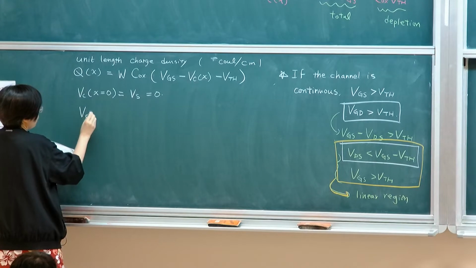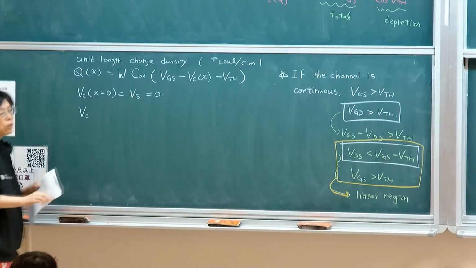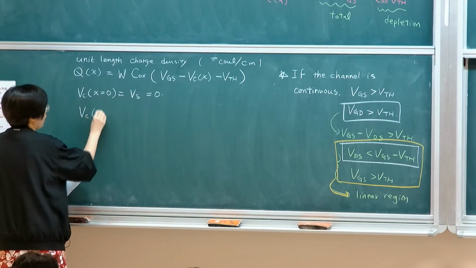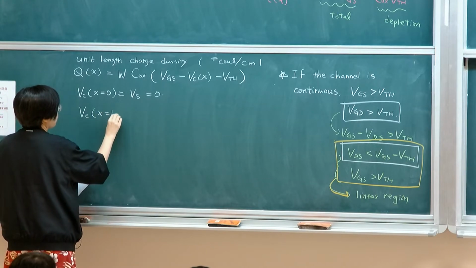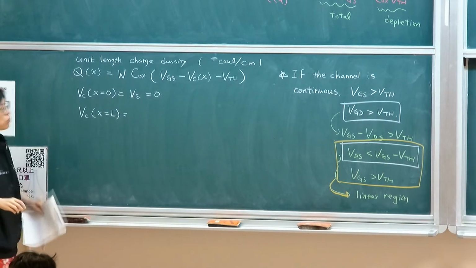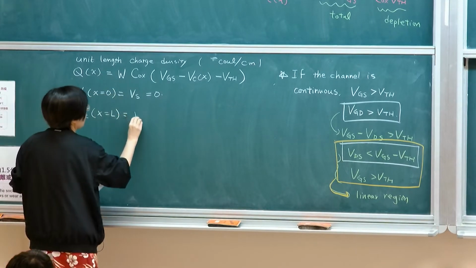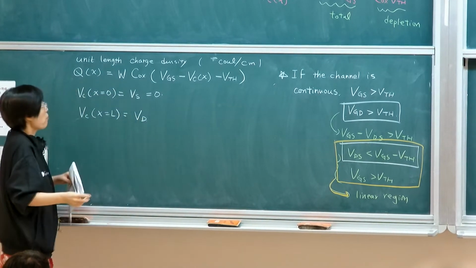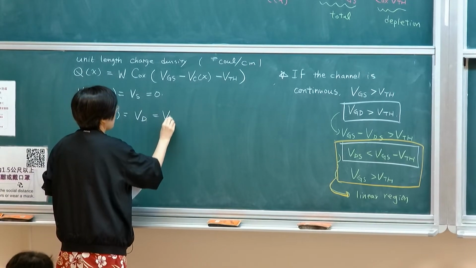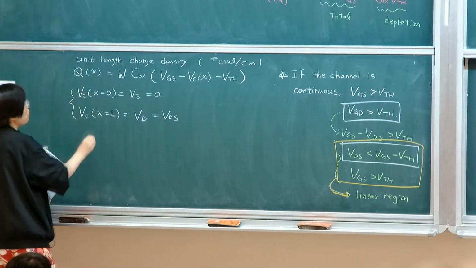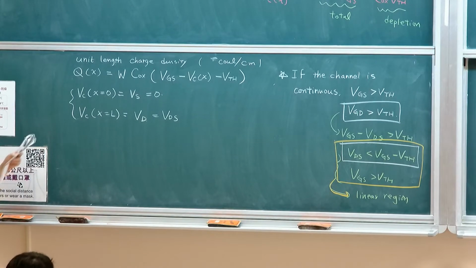And assuming your source is grounded first, at x equals L the channel potential is connected to the drain. Therefore, it is the drain side VD, or you can write it as VDS. So first of all, we need to know these two boundary conditions.